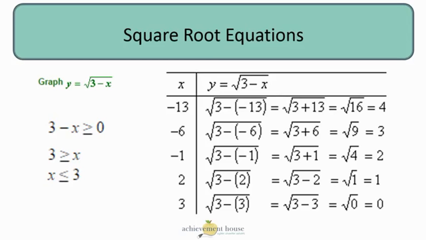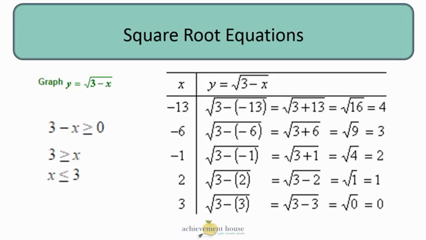So you need to take what's inside the radical, in this case 3 minus x, and set that greater than or equal to 0 because it cannot be negative. In this problem, 3 minus x is greater than or equal to 0, and we solve for x and see that x is less than or equal to 3.